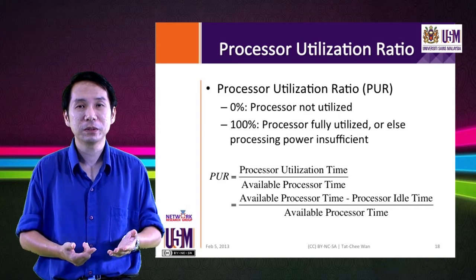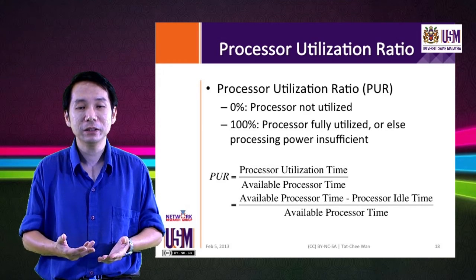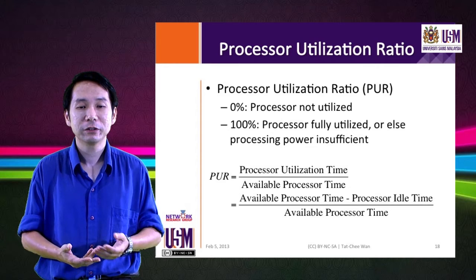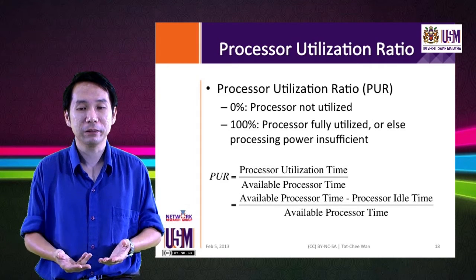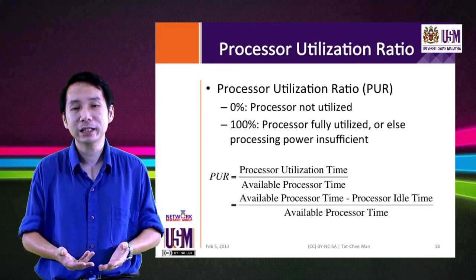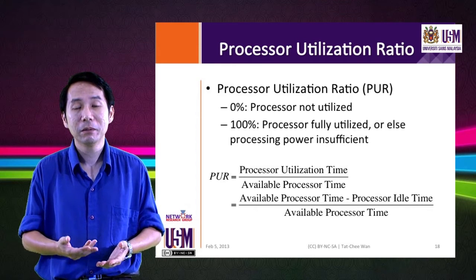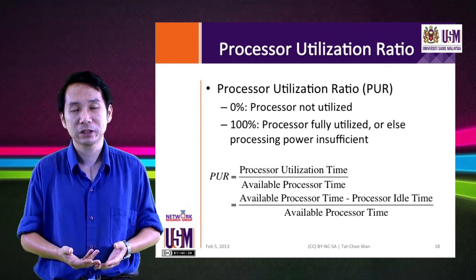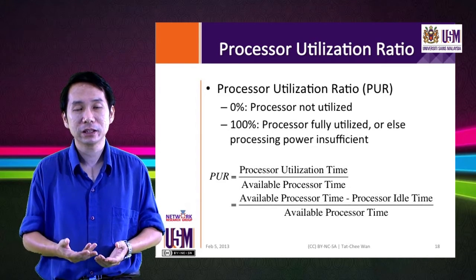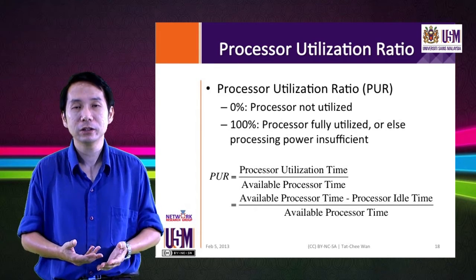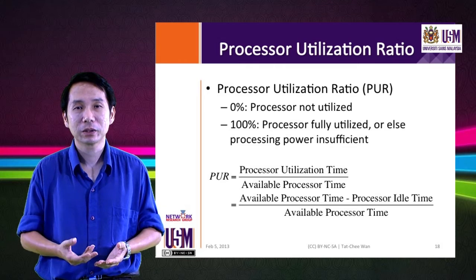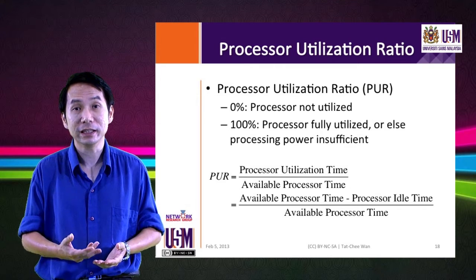The calculation of the PUR value is given by the following formula. It's given by the processor utilization time divided by the available processor time, or else we can rewrite it as the available processor time minus the processor idle time, divided by the available processor time. The reason to do this is because the idle time is often measured by a special lowest priority task that is run whenever the CPU scheduler is not busy.